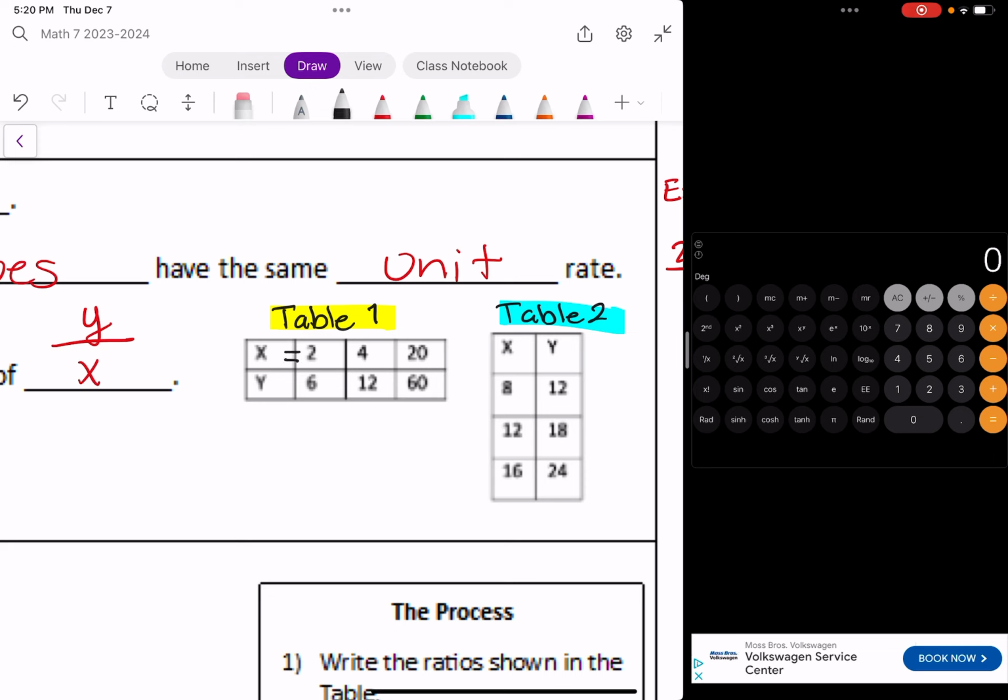Whatever's in the section of x belongs to x, and whatever's in the section of y belongs to y. Same thing here: 8, 12, and 16 are x, and 12, 18, and 24 are y. We're going to use this to write our ratios.